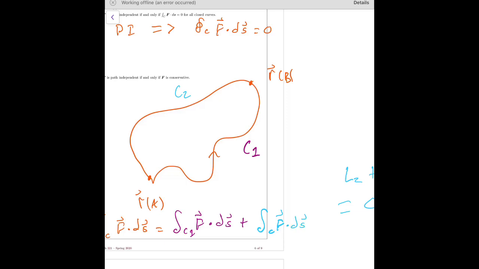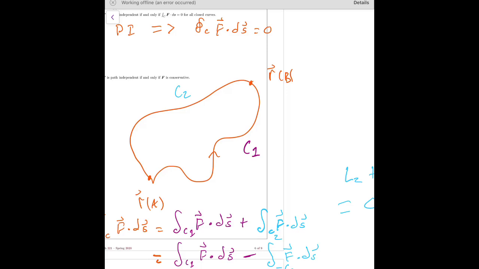Now, I'm just going to rewrite this. This is equal to the line integral of f over C1 minus the line integral of f over minus C2.